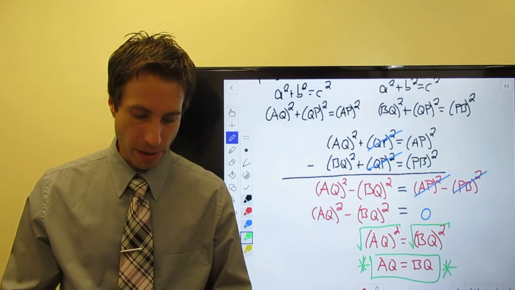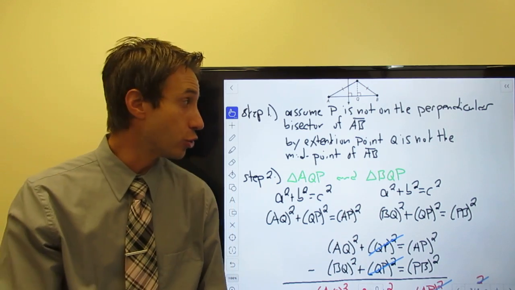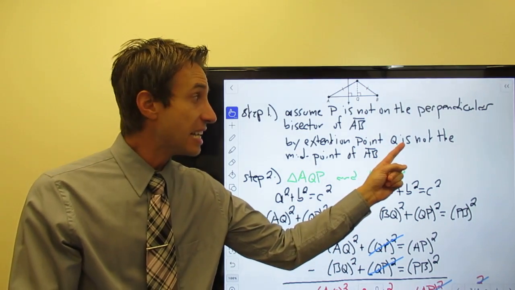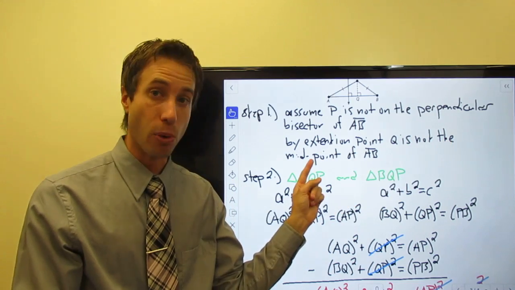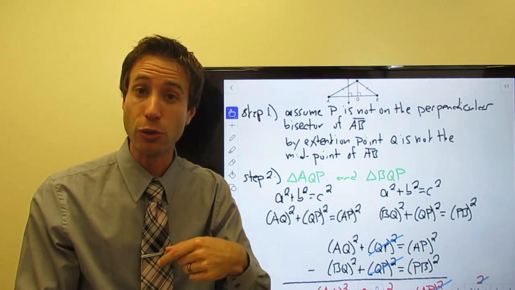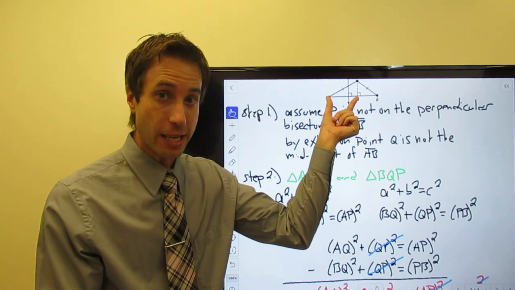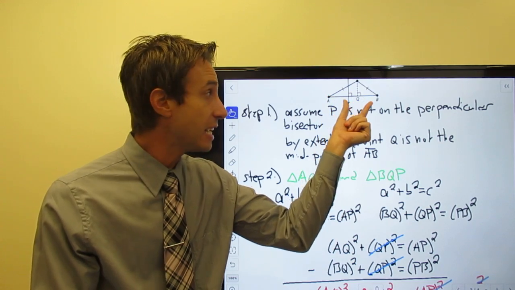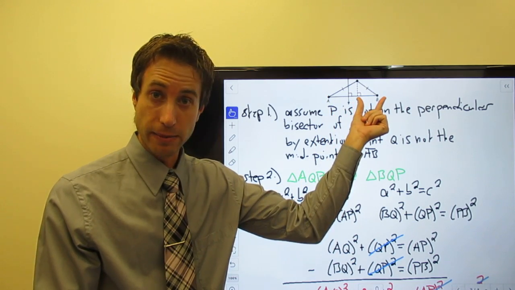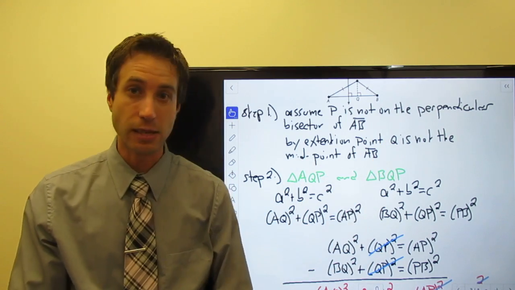Look, remember, in step 1, I assumed Q is not the midpoint of AB. That was, I assumed Q is not the midpoint, which means that this segment, AQ, is not equal to QB. Those two segments are not equal, because I assumed Q is not the midpoint.